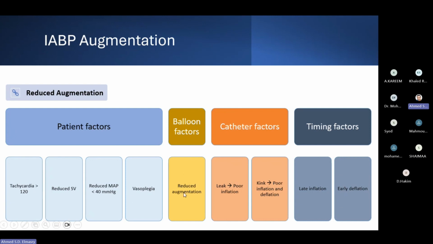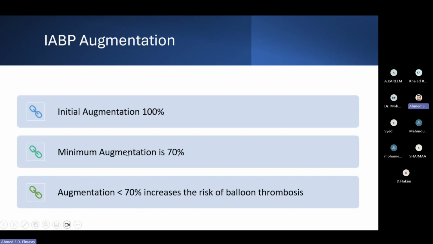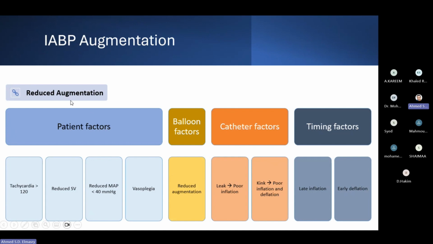Regarding factors related to the balloon, if you decrease the balloon augmentation to 70%, this will reduce the augmentation of the balloon. For catheter factors, if you have a leak of helium from the circuit, this will lead to poor inflation and poor augmentation.